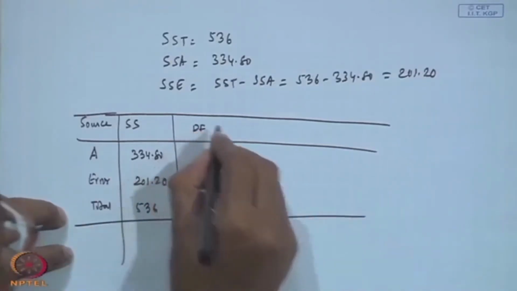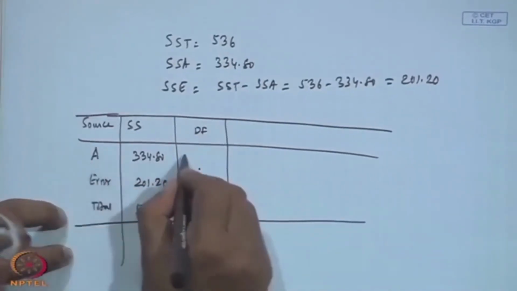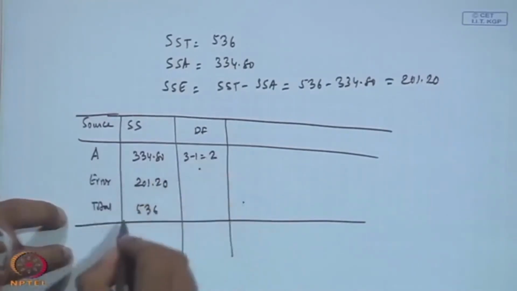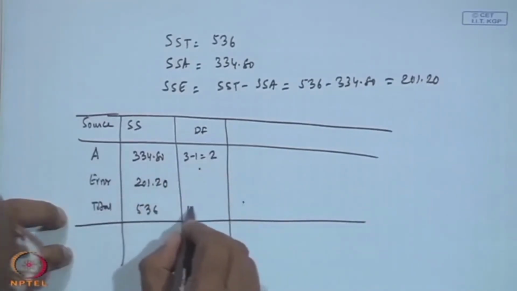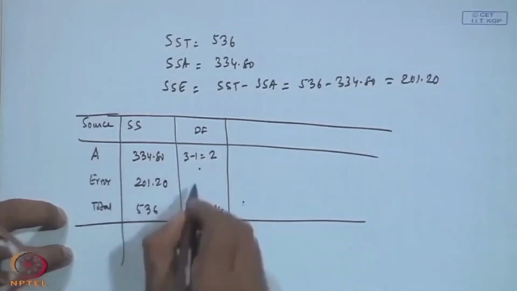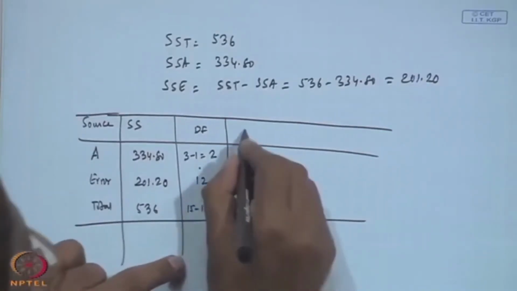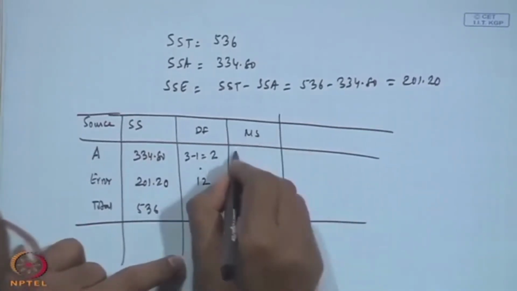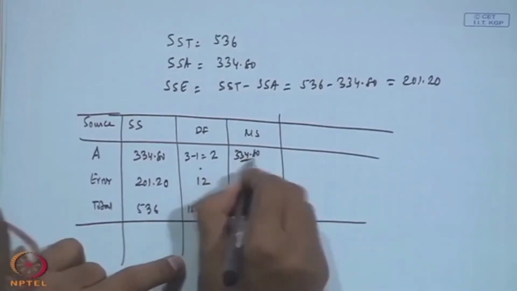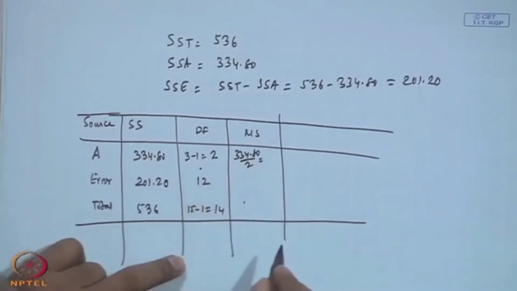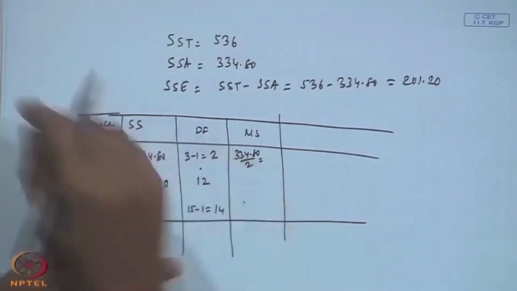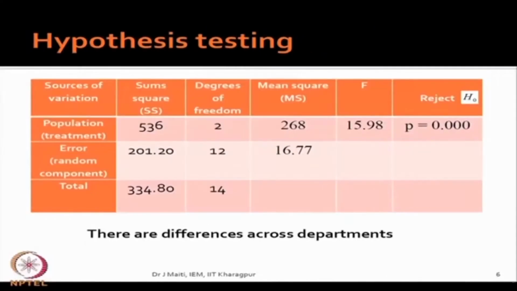And what are our degrees of freedom? For A, 3 minus 1 equal to 2. For total, N means 15 minus 1 equal to 14. Then error will become 12. Then what is our MS value? 334.80 by 2, what will be this value?